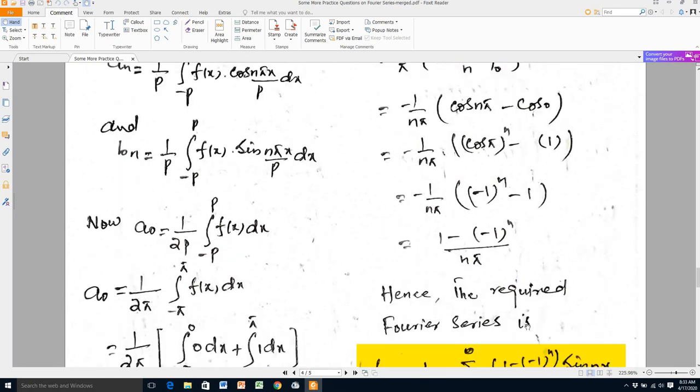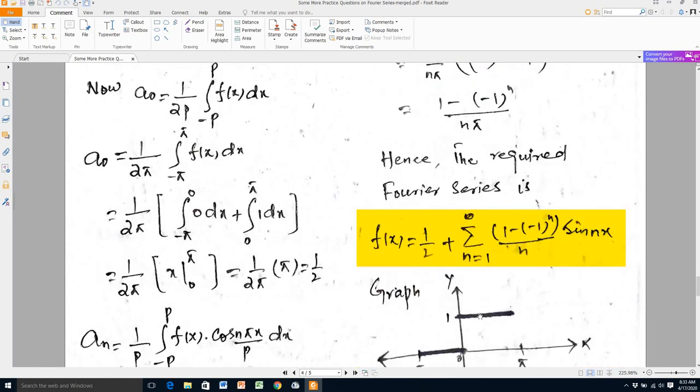And in this way our required Fourier series is f of x is equal to 1 over 2 plus summation n is equal to 1 to infinity, and you see in the above that the value of a n is equal to 0. So I am not writing that, and only write those which have value. So I have the value of bn here. I am writing here bn and sine n pi x divided by p.